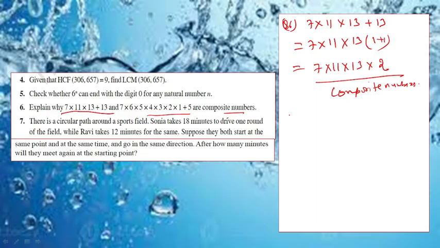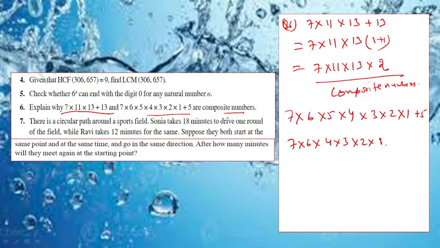Similarly, 7 into 6 into 5 into 4 into 3 into 2 into 1 plus 5. Okay. So 7 into 6 into 4 into 3 into 2 into 1, and then into 5 we can take 1 plus 1.